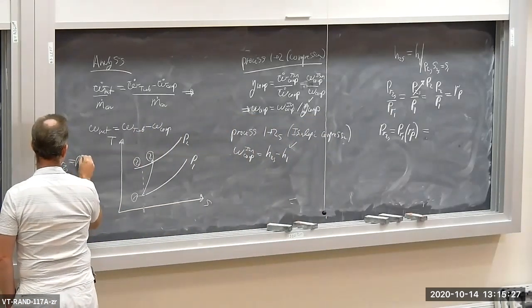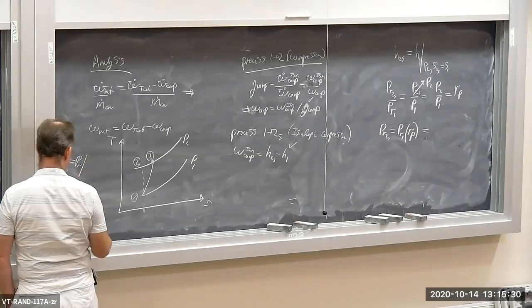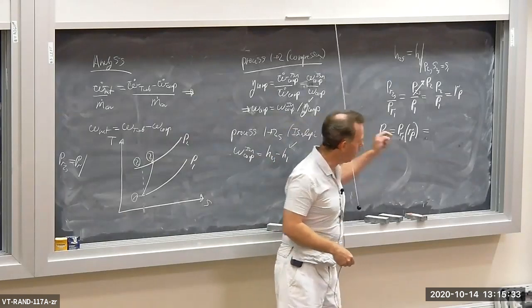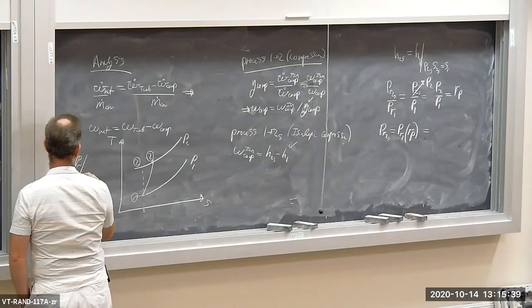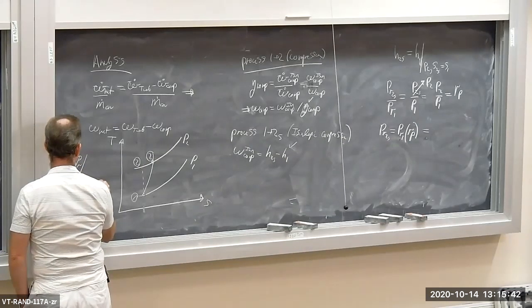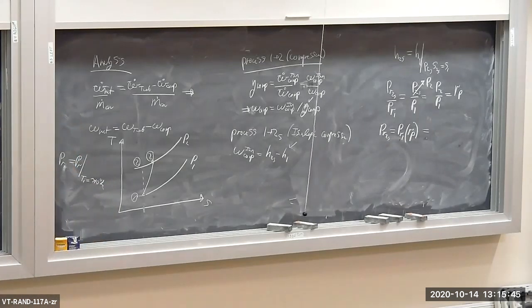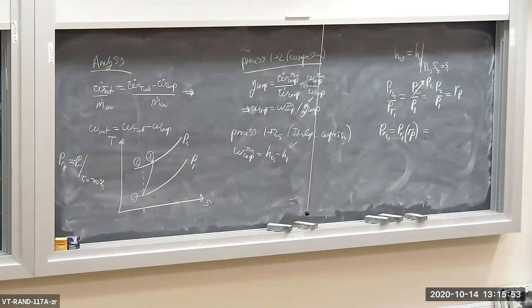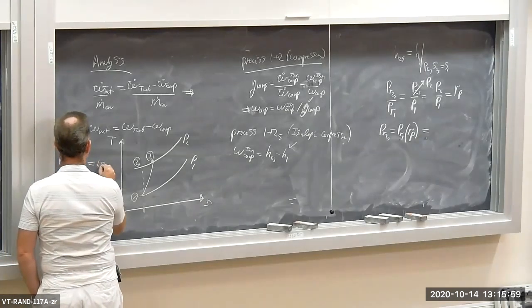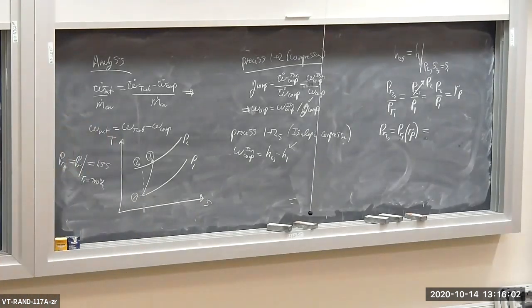PR1 is PR evaluated at T1, which is 310 Kelvin. Going to the tables, PR1 is 1.55. Maybe I can get a couple more decimal places there. From the ideal gas tables, it's 1.555.